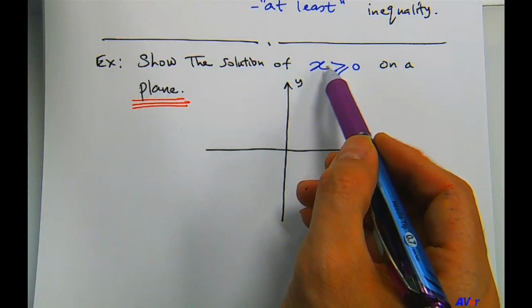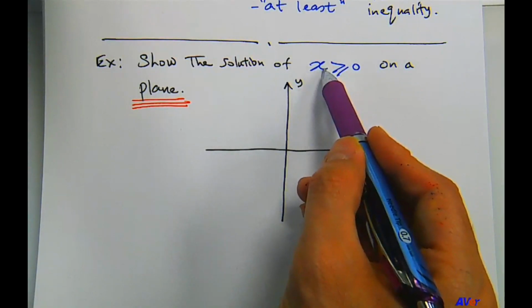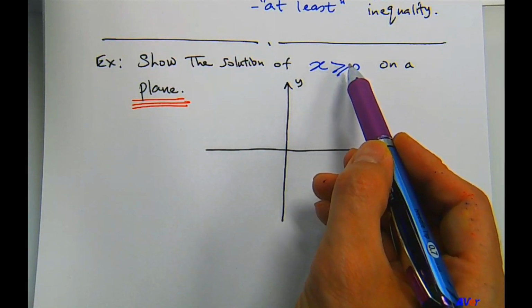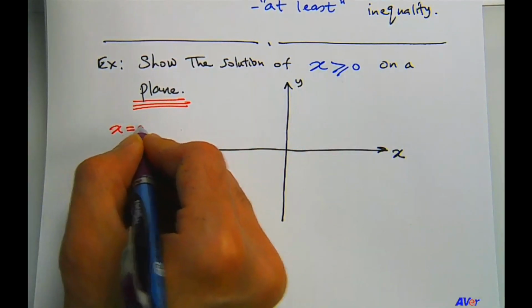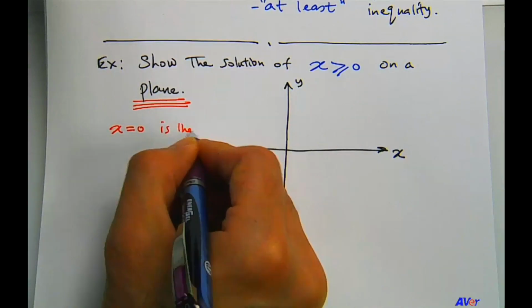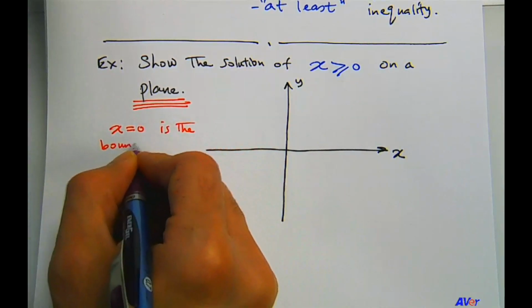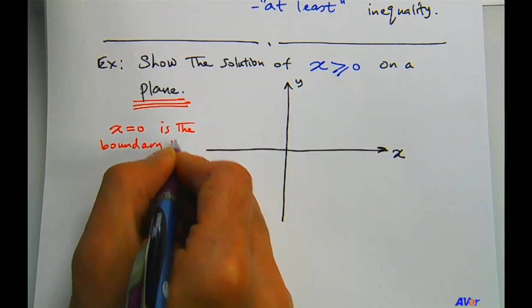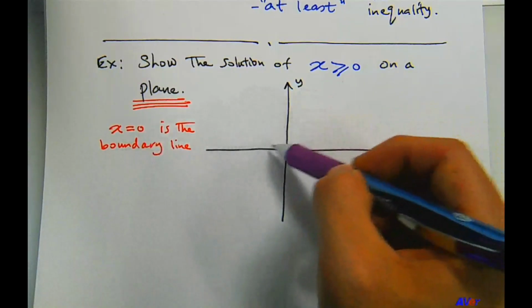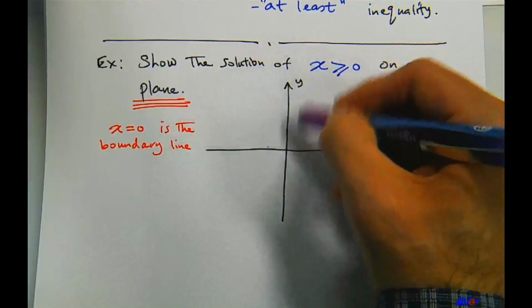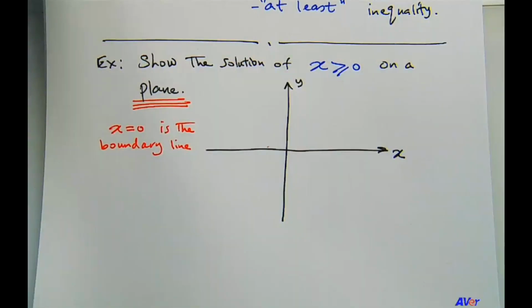The boundary line is when the inequality becomes an equality with some value, in this case 0. So x equals 0 is the boundary line, right? Let's find where that line is. x equals 0 means the y-axis.